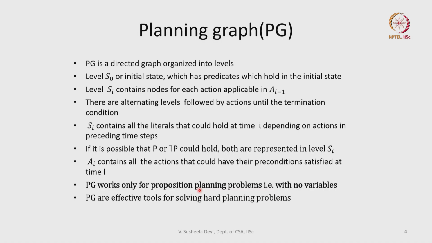So the planning graph is there only for propositional planning problems. And it can be used like an automated tool, right? And it's quite effective for solving some type of hard planning problems if it involves only propositional planning.